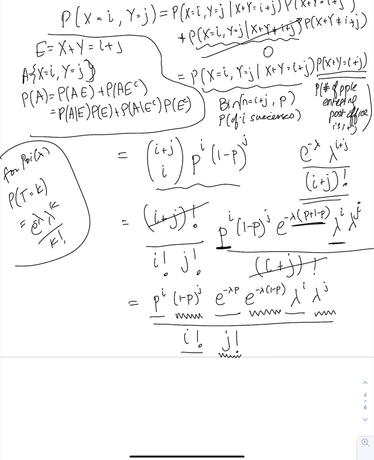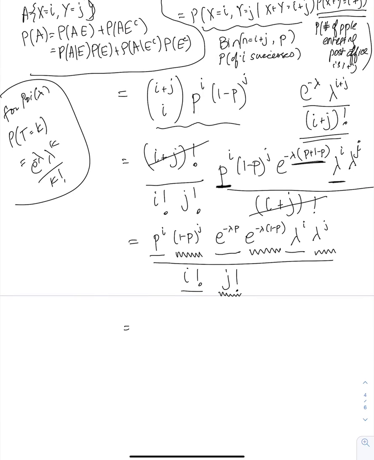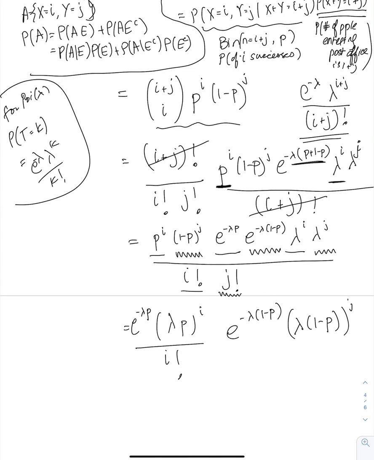I'm going to put those together. Okay, so what do you have? You have lambda p raised to i, e to the minus lambda p over i factorial, times e to the minus lambda times 1 minus p, times lambda times 1 minus p raised to j divided by j factorial.